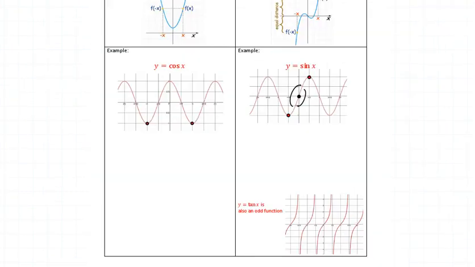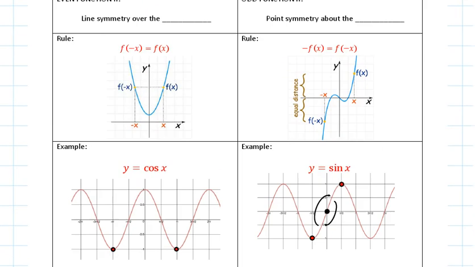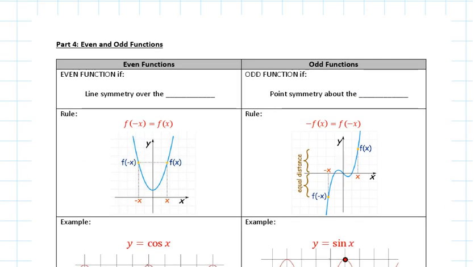And if it's an odd function, you have a point of symmetry about the origin, and that's 0, 0. Okay, and remember that in this case y equals x squared or x squared plus 2 or whatever this is, it has a line of symmetry, the y-axis, and this has a point of symmetry at the origin.